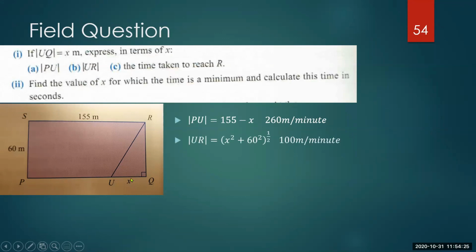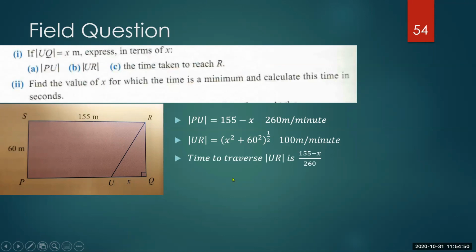UR, using Pythagoras, we can see that QR is 60 meters, so it's X squared plus 60 squared, and get the square root of that. That is the distance for UR. And the UR piece is 100 meters per minute.